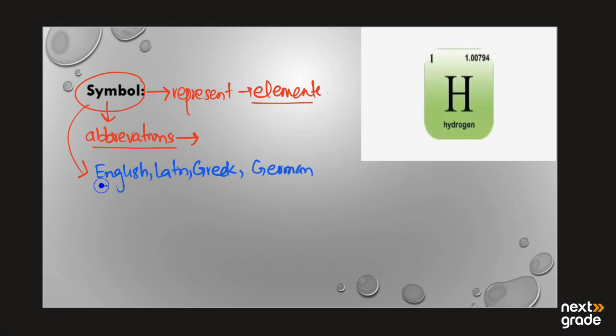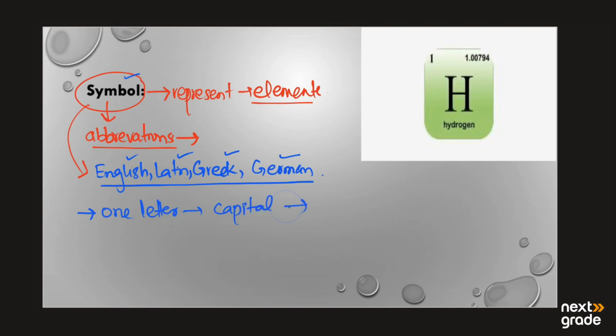So we take the symbols from four types of words: English, Latin, Greek, as well as German. When we write the symbol of an element, if it has only one letter, then it must be a capital letter.